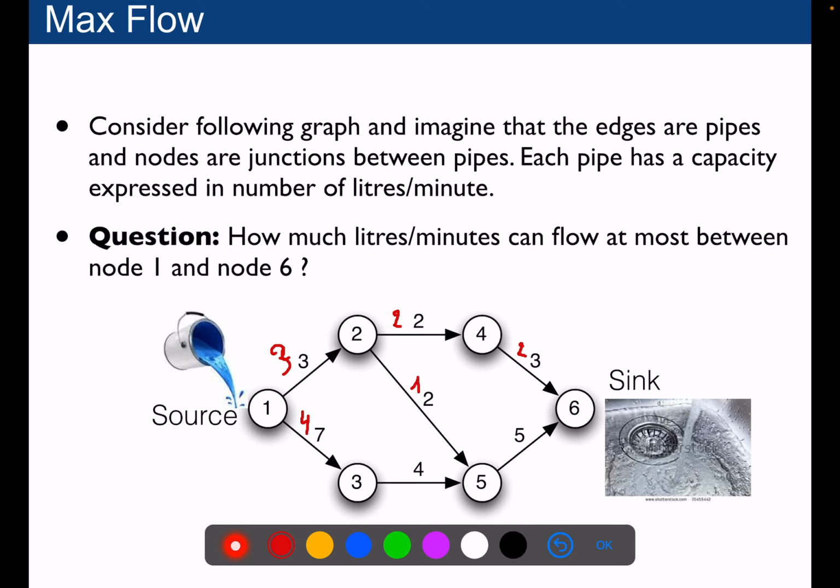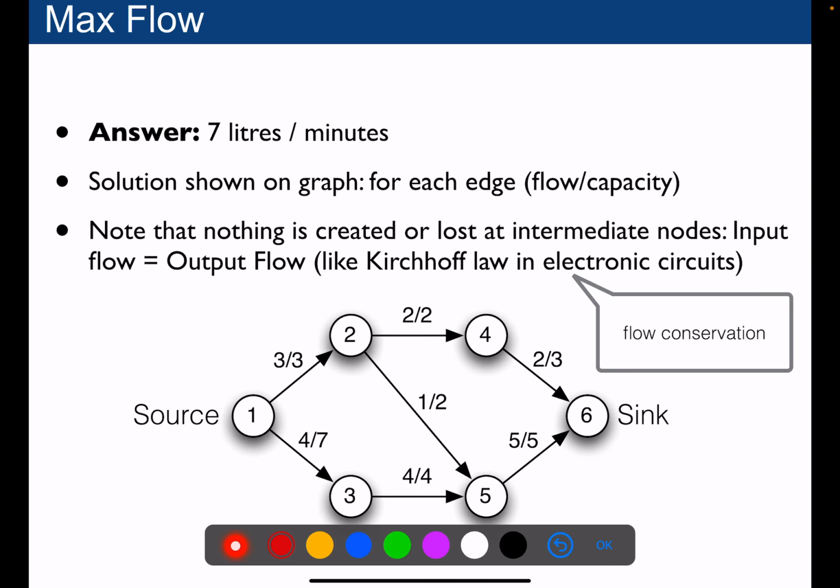And then 1 here, and then you have 4, okay? And 4 plus 1 will be 5, okay? So that's one possibility. And in that case, the total amount of flow that you will be able to put inside the source node is 7 liters per minute, right? And so here you will have 3 liters per minute, 2 liters per minute, and so on. So 7 liters per minute was the answer.